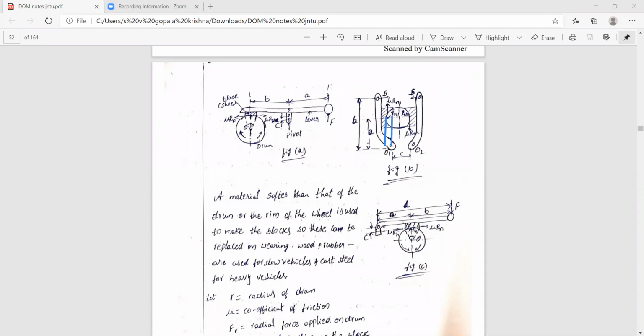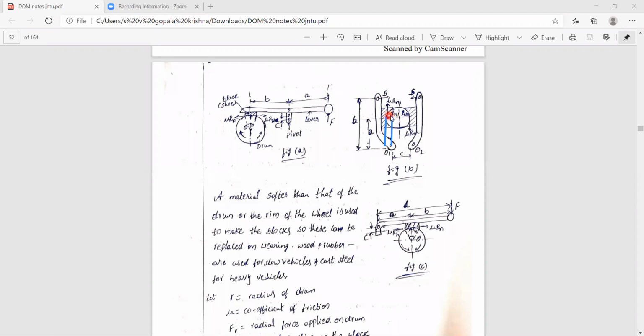Now you will find this distance. The drum radius is already known, that is the small r, and the distance from the center to the fulcrum is C by 2.